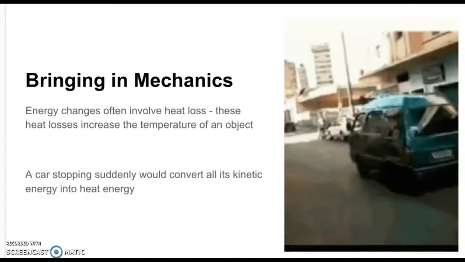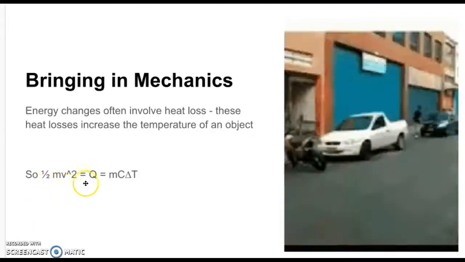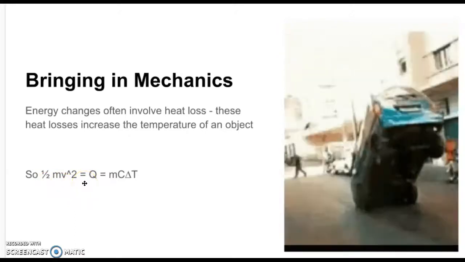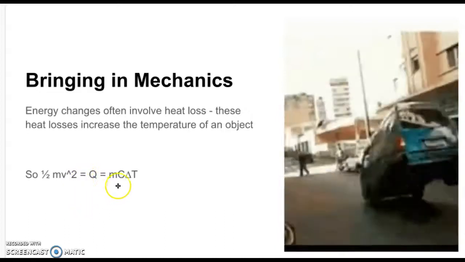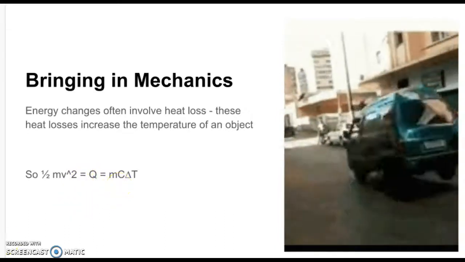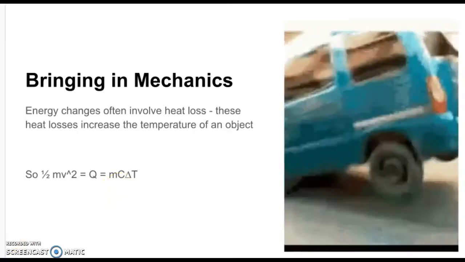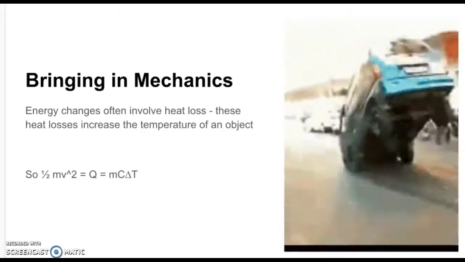So let's have a look at how we will deal with that. Half mv squared, if we have a situation where all the energy is lost as heat, would be equal to mc delta T.